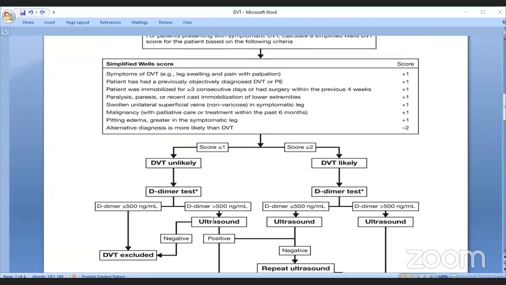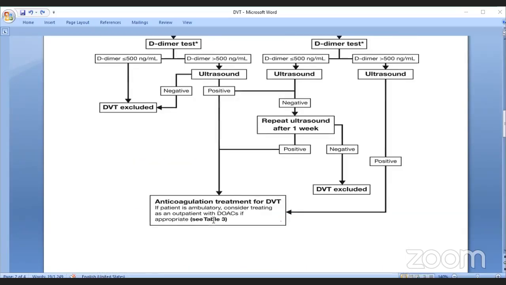So overall, ultrasound is positive for deep venous thrombosis, and the patient is ambulatory. So you should treat as outpatient with DOACs, okay? So the answer is DOACs.